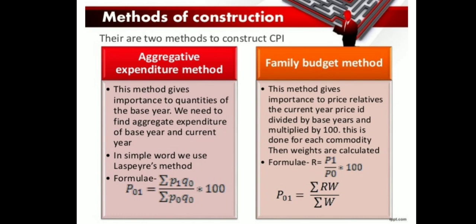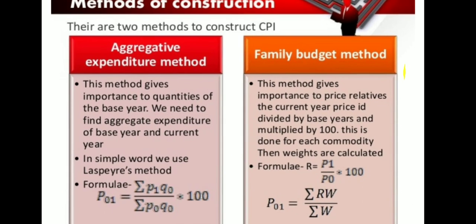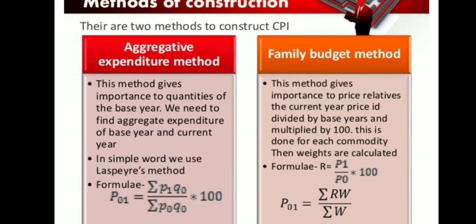Similarly, the family budget method gives importance to price relatives. In the aggregate expenditure method, the importance is given to the quantities; here the importance is given to the price. That is the difference. Here the current period price is divided by the base year price and multiplied by 100, for each commodity.